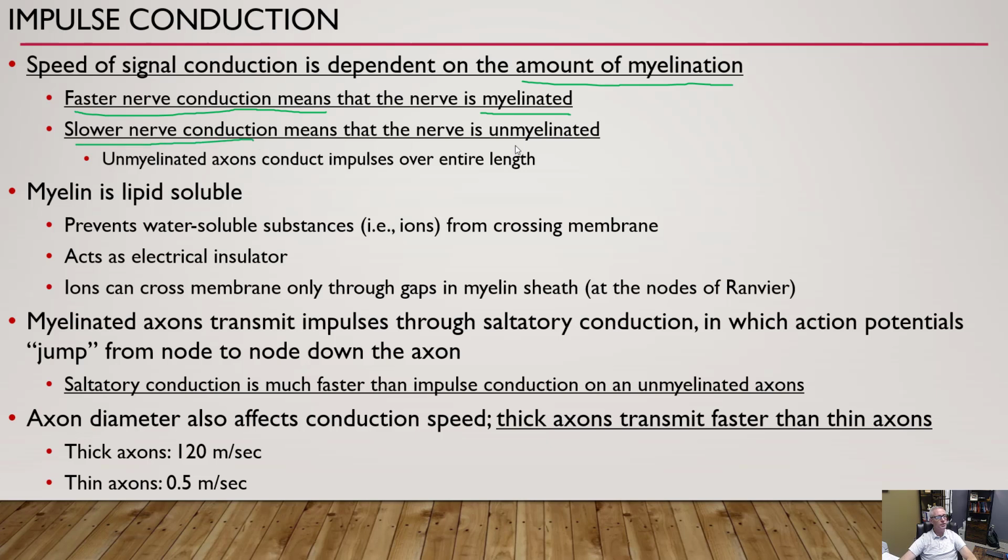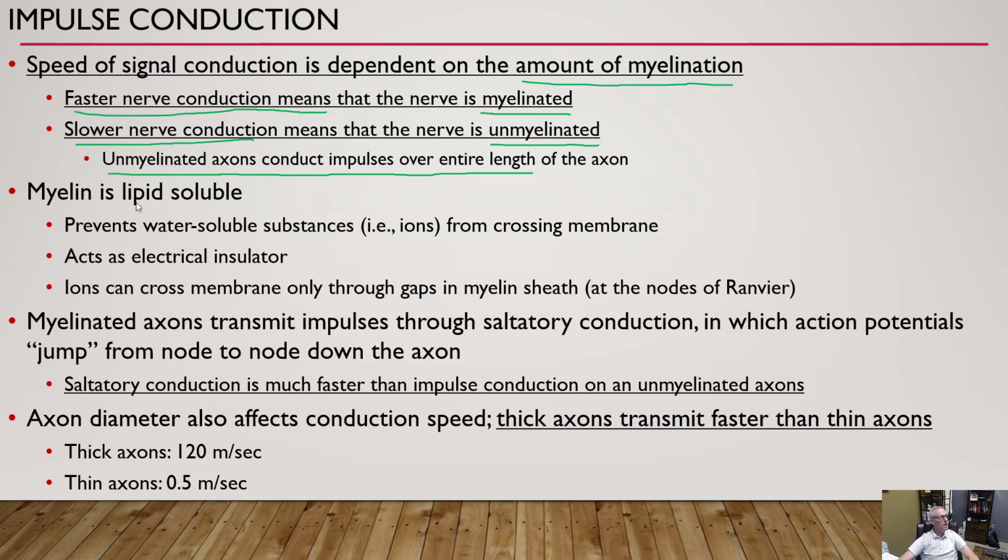Slower nerve conduction means that the nerve is unmyelinated. And it says here, unmyelinated axons conduct impulses over the entire length of the axon. And like I said, I'll show you a picture of this in the next slide.